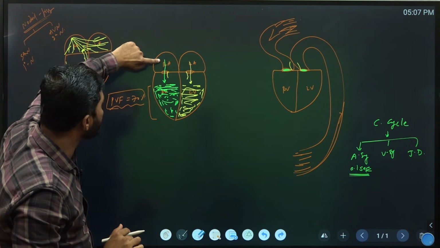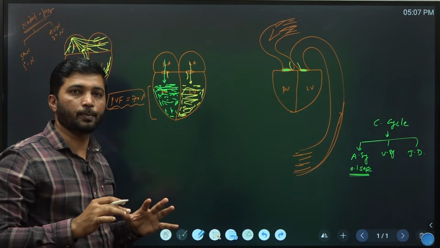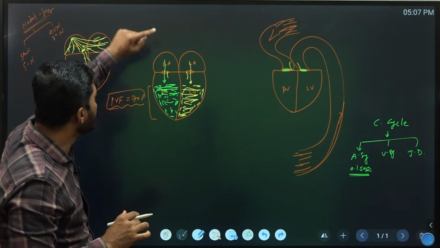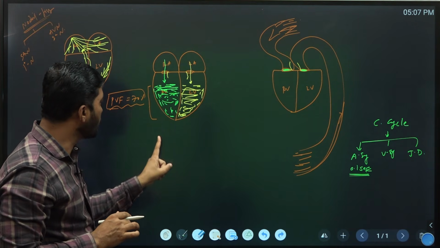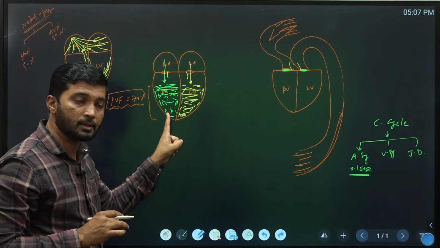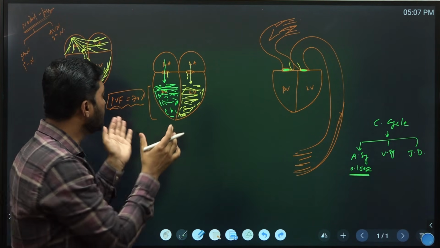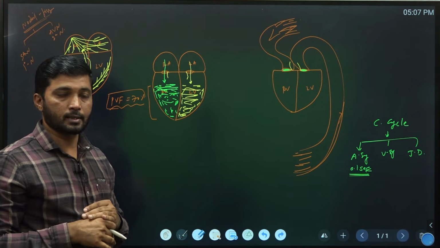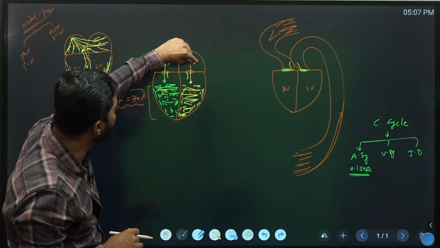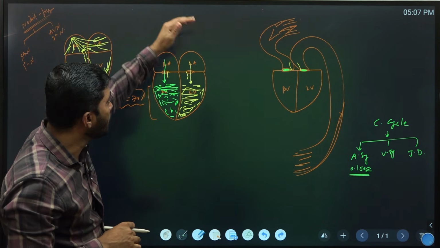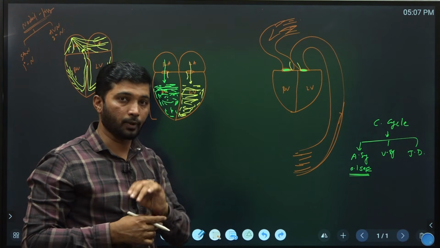Generally the right atrium collects deoxygenated blood from different body parts by three caval veins: the upper body parts by the precaval vein, the lower body parts by the postcaval vein, and the heart wall by the coronary sinus. It collects deoxygenated blood, whereas the left atrium collects oxygenated blood from the lungs by the pulmonary veins, a total of four pulmonary veins.